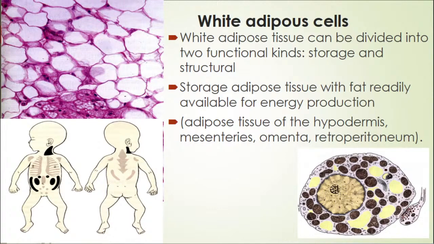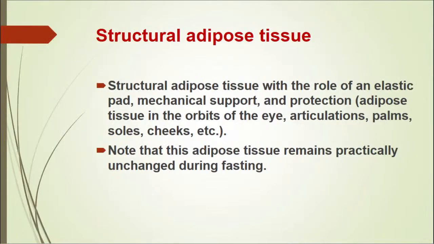And the main function is storage, ordinary energy production. Adipose tissue is in hypodermis, mesentery, omentum, and retroperitoneum.